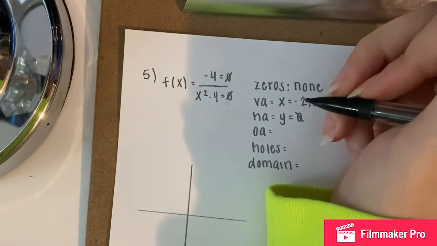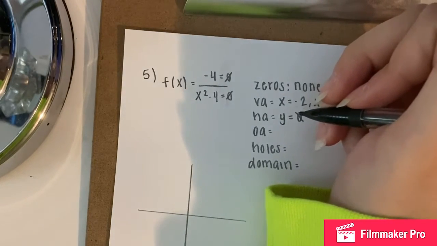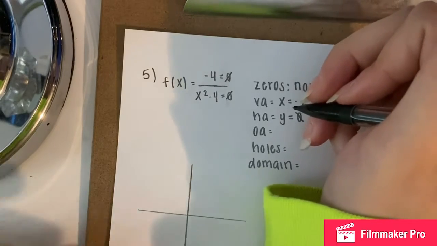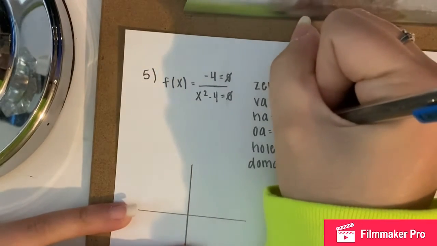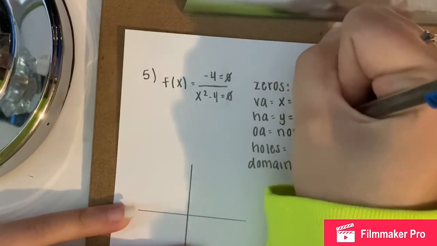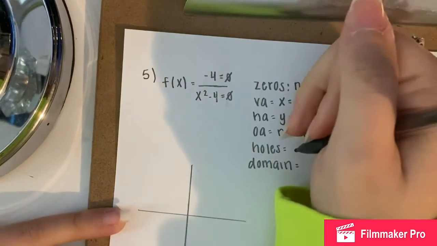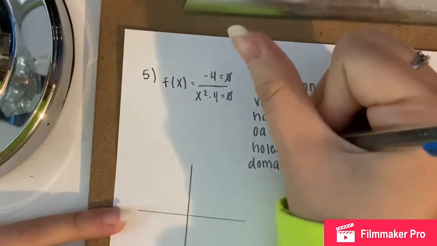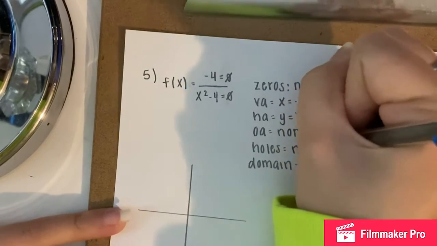And we have no oblique asymptotes because the degree of the numerator is not greater than the degree in the denominator. So we simply just put none. And for the holes, because there were no omitted points in the graph, it is also none.